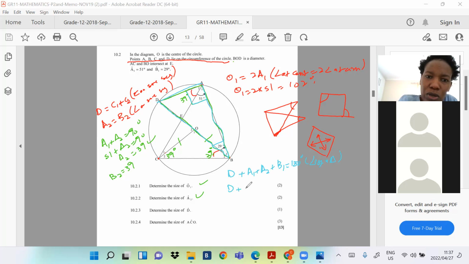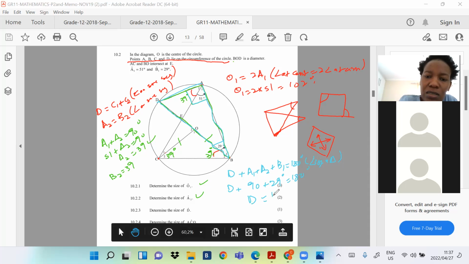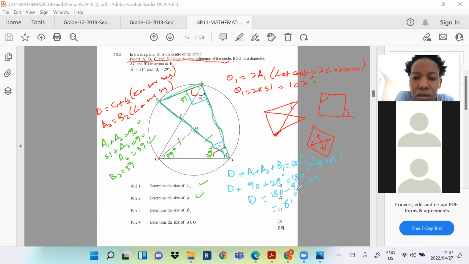D we don't know. A1 and A2 is 90 degrees plus B1, which is 29. It's 180. Therefore, D is 180 minus 90 minus 29. And this is how much? 61. Okay, happy?